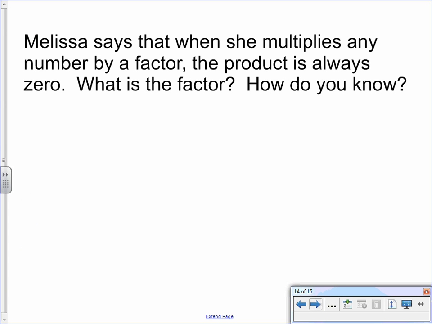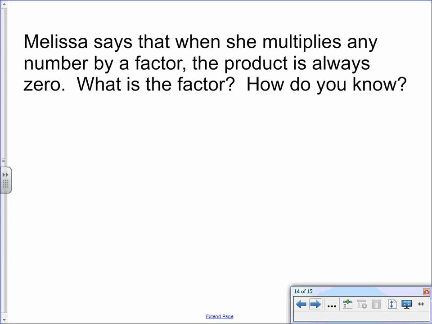All right. Melissa says that when she multiplies any number by a factor, the product is always 0. Pay attention to this one because there's going to be one very similar on your test. What is the factor? How do you know? So she can multiply 5 times the factor and the answer is 0.